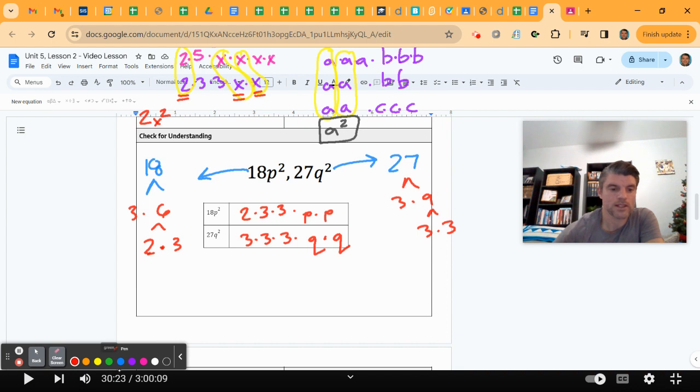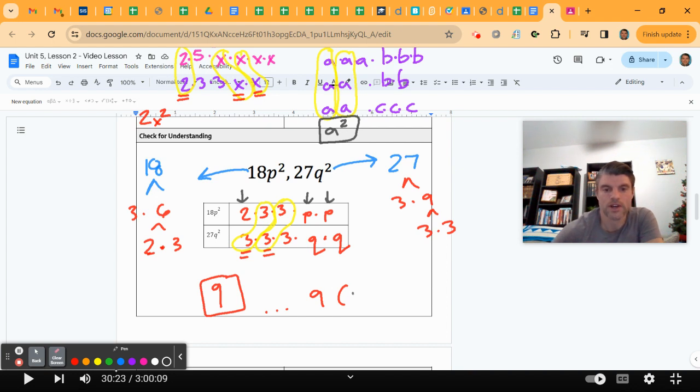Okay, so what combines here? So just the two pairs of threes. So your answer is going to be 3 times 3, which is 9. The variables don't match. So your GCF is going to be 9. Let me show you. Okay, so what's left over? Only this, this, and this for the first term.